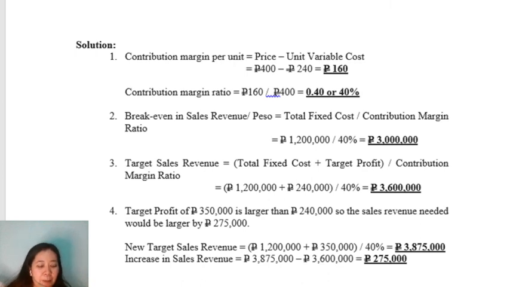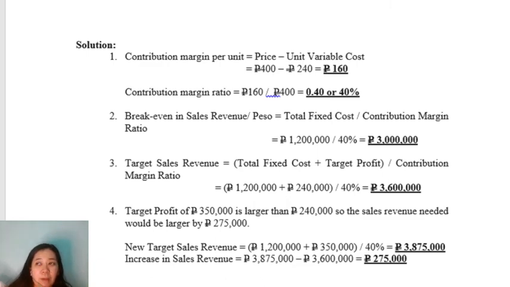Number 4, what if the company will desire a 350,000 target profit? Of course, the sales revenue needed would be larger. Based on the solution, the new target sales revenue is equal to 3,875,000.